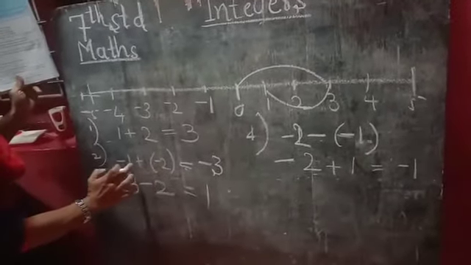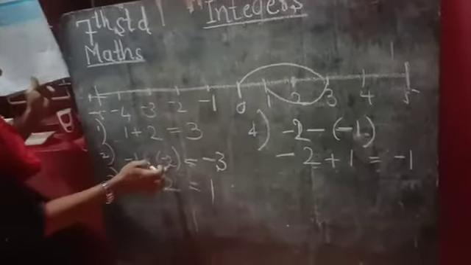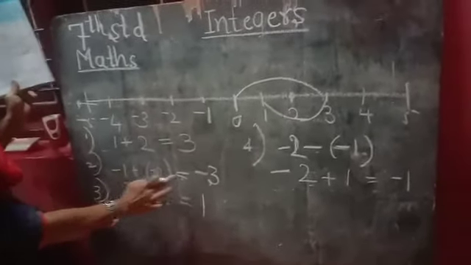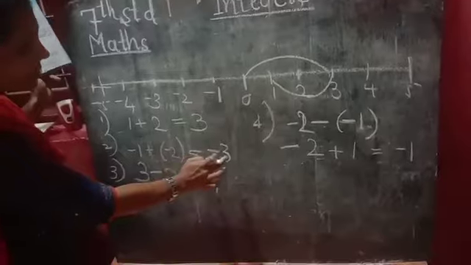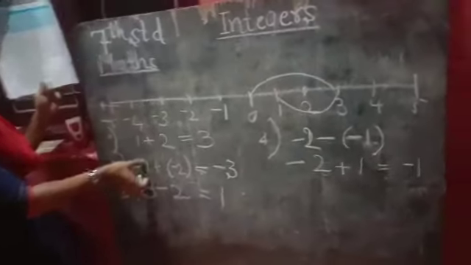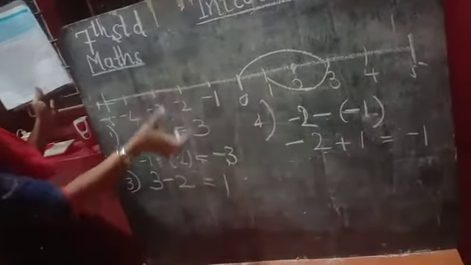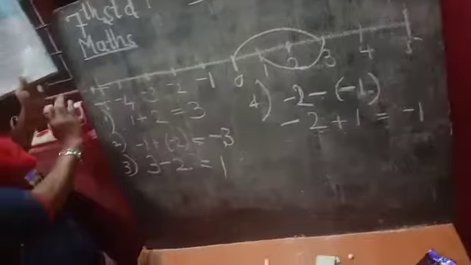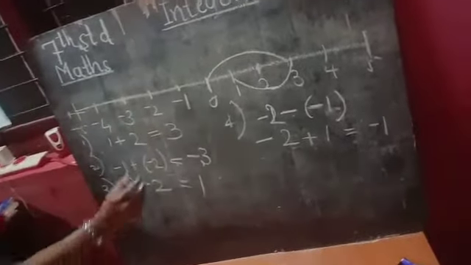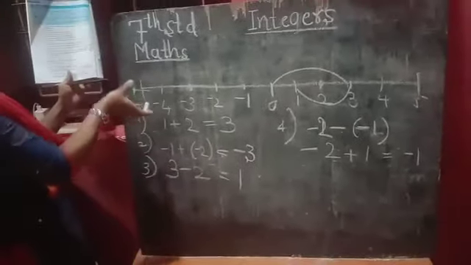So we have to add 2 plus 1, which is 3. Since the sign behind the bigger number is minus, we have to write minus 3. So we are moving towards the left side. Whenever we add negative integers on a number line, we are moving to the left side. You can take any number of examples. The answer becomes to the left of those numbers only.